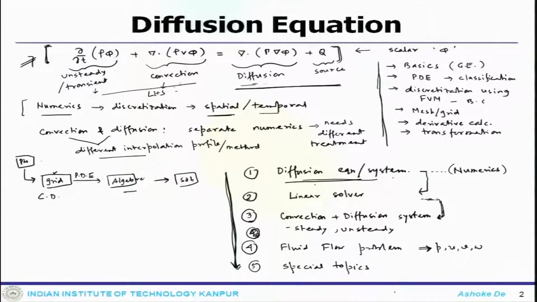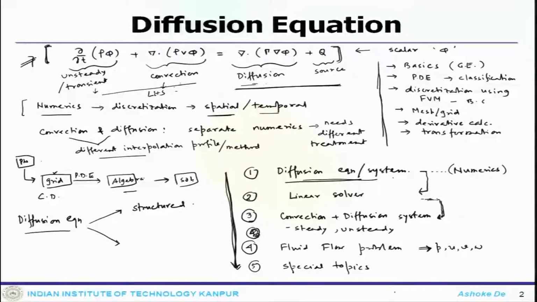Now, to begin with the diffusion equation, when you start the diffusion equation, there are two ways one can proceed. First, look at the simplest system, that means we start with the discretization in a structured framework. We have already done enough discussion on the grid.